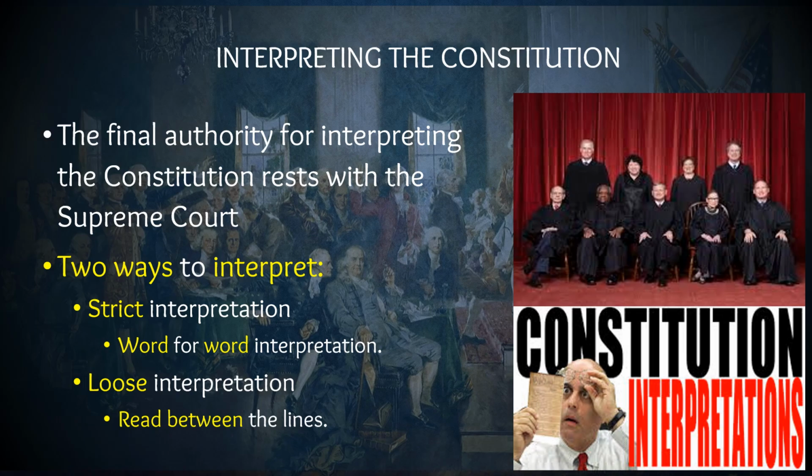There can be multiple meanings. There can be gray area in certain meanings within the Constitution. So this has always been a room for debate, especially when it comes to certain things within the Constitution. But there are two ways to interpret it: a strict interpretation and a loose interpretation.